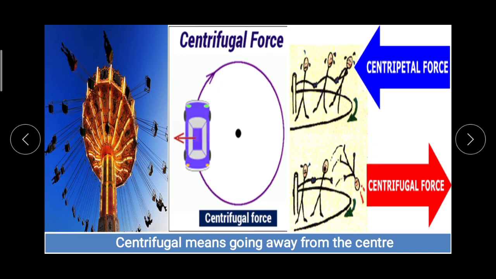When any force works away from the center, it is called centrifugal force, which means going away from the center. And the gravitational force is working towards the center of the earth at the same time.